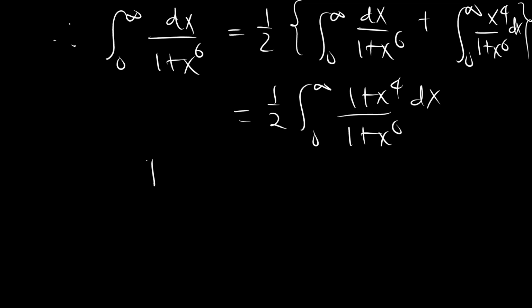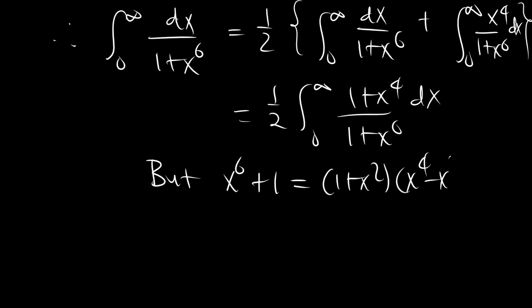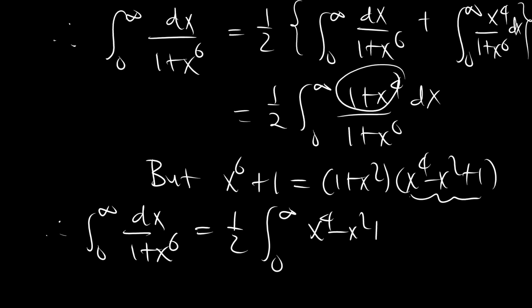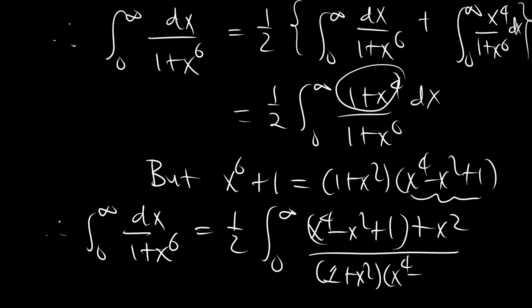Okay, but we saw that x to the sixth plus 1 equals 1 plus x squared times x to the fourth minus x squared plus 1, which means that our integral equals a half, 0 to infinity, of x to the fourth minus x squared plus 1 plus x squared, all over 1 plus x squared times x to the fourth minus x squared plus 1.